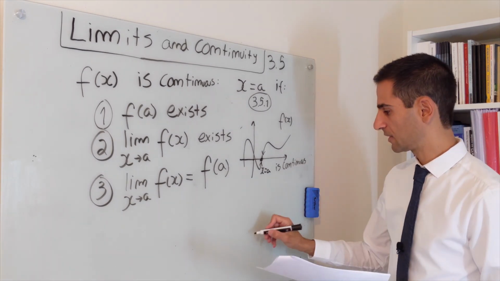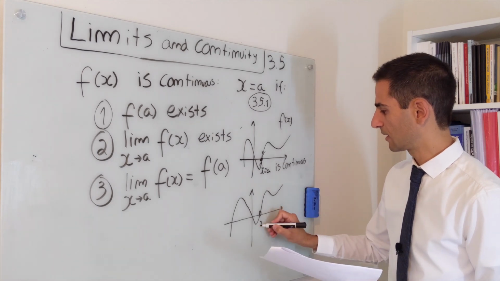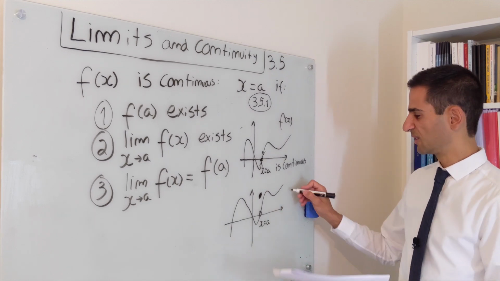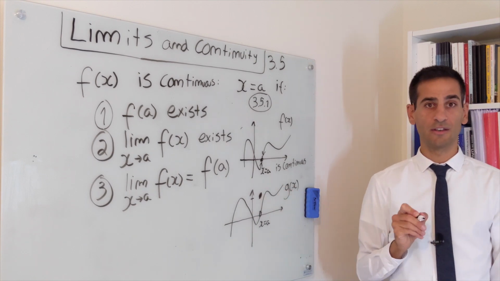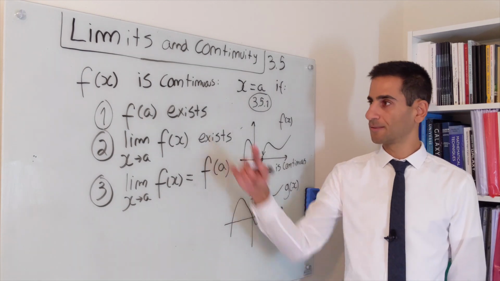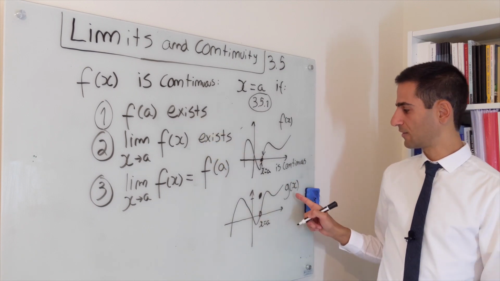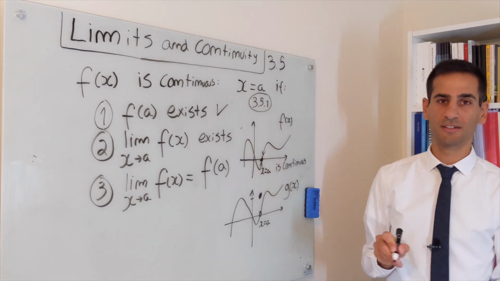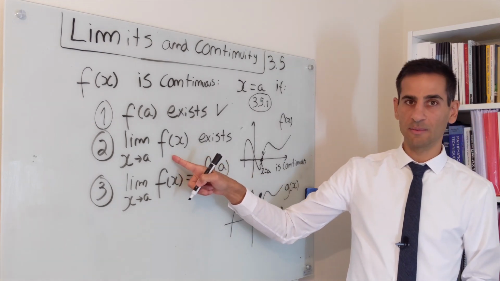So let's say that we have something incredibly similar. In this case, at x equals a, the value of f of x, so in this case, let's call it g of x, so it's not confusing. The value is actually here. So to check whether the point x equals a is continuous, you check this checklist. So first of all, you'd see that for g of x, g of a actually exists. So this one is fulfilled. You check whether the limit exists.